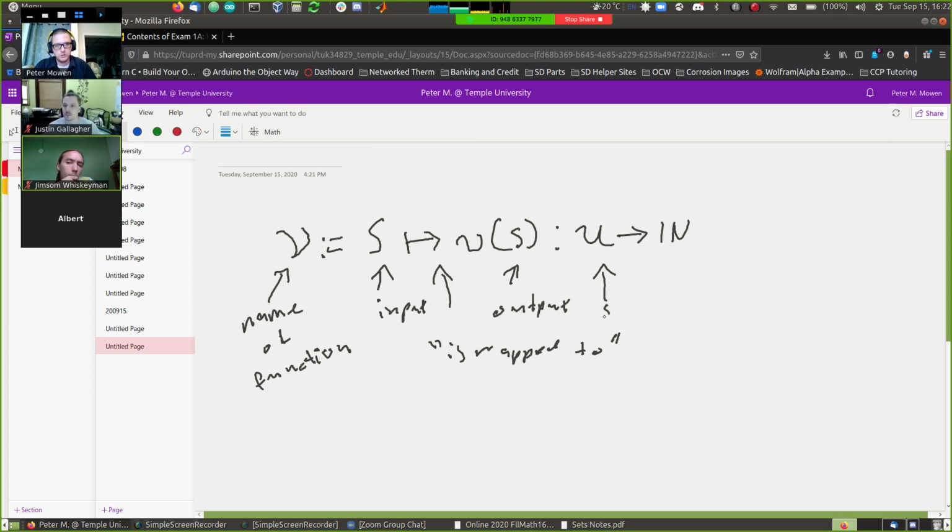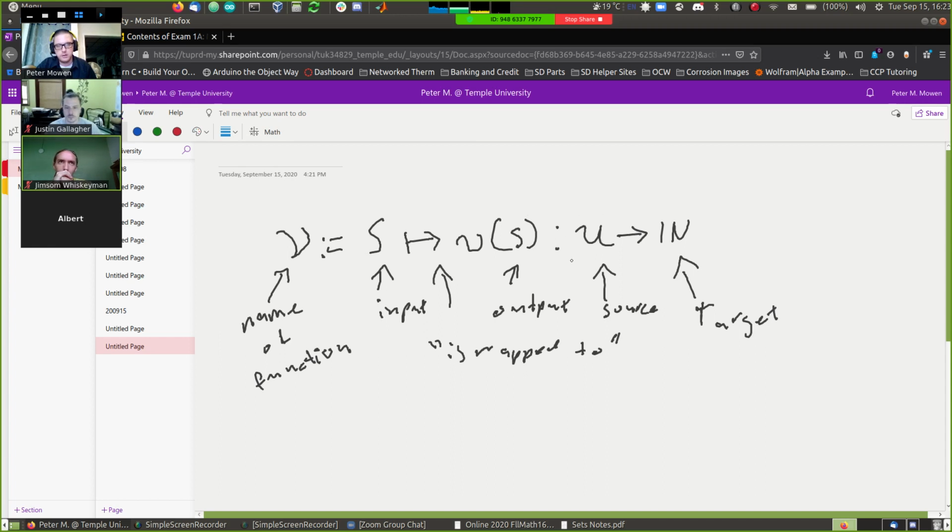And this is your source set, which in your pre-calc or calculus courses you would think of as the domain. And this is the target set, which would be the codomain. This particular function, nu, is the Greek letter nu, the Greek letter for n, and it takes a set and maps it to the number of elements in that set.